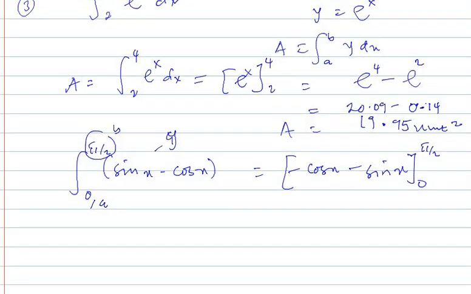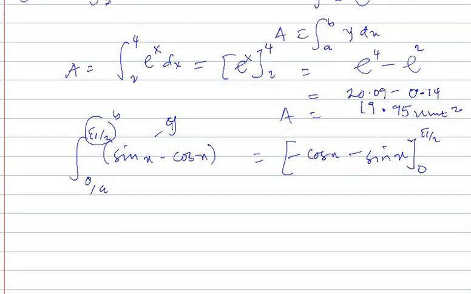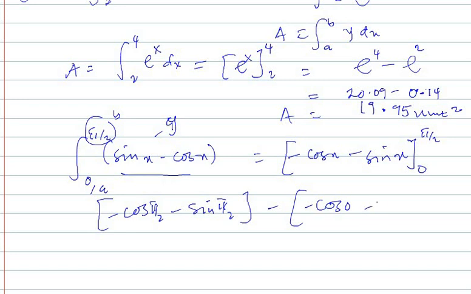Since we have to take the whole integral of this, substituting the limits, we have minus cos 5 pi by 2 minus sine 5 pi by 2, and at the lower limit we have minus cos 0 minus sine 0. Here sine 0 is 0, and cos pi by 2 is 0.